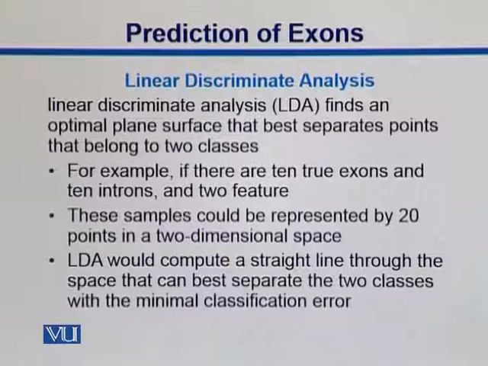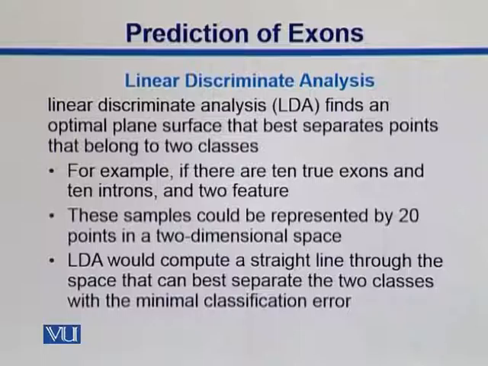Some of them are introns and some of them are exons. If we get their characteristics, their probabilities or frequencies as far as those coding regions are concerned, we get their distributions, and we plot them for all these 20 samples, in which 10 are exons and 10 are introns.